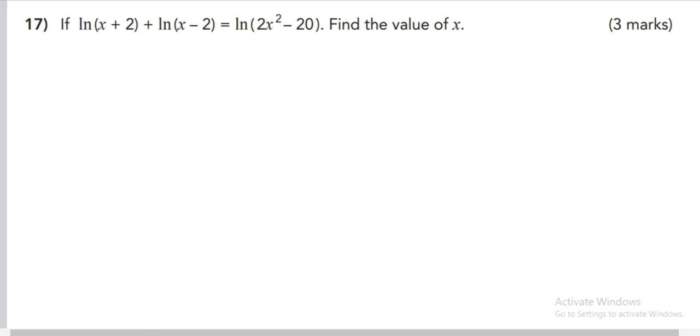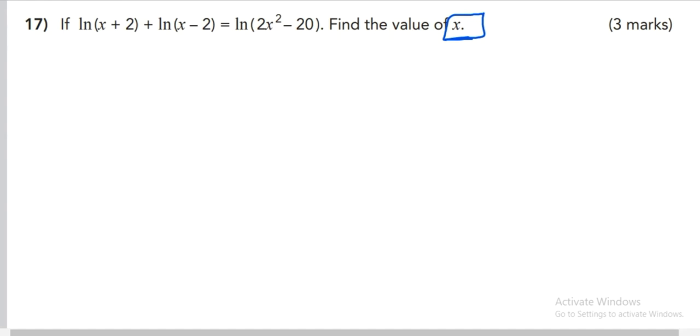Question 17. If ln of x plus 2 plus ln of x minus 2 equals ln of 2x power 2 minus 20, find the value of x. Find the value of x means we want to solve the equation. It's the same as if he said solve this equation.